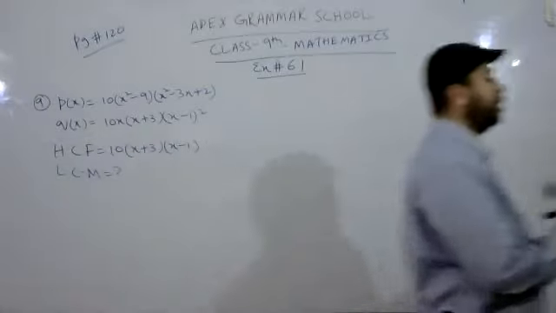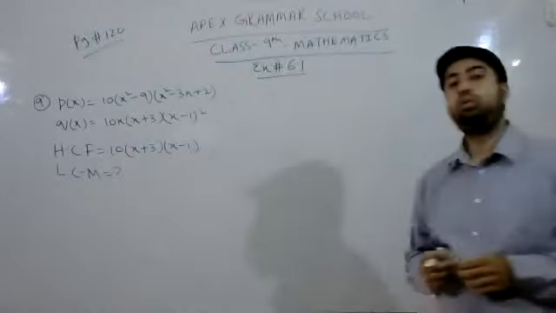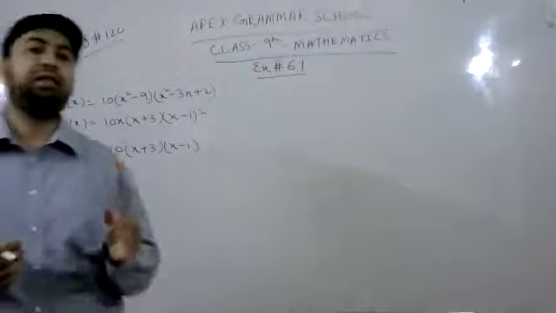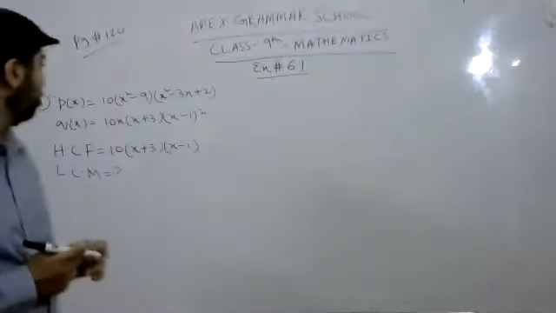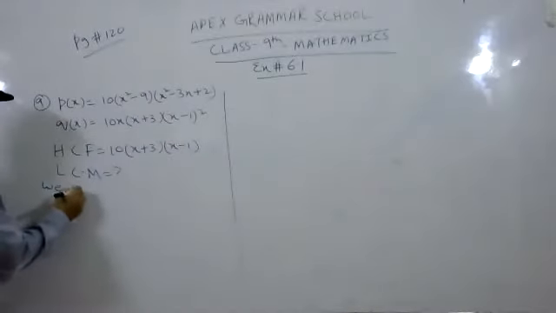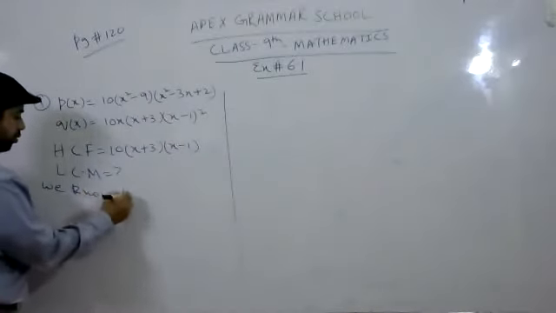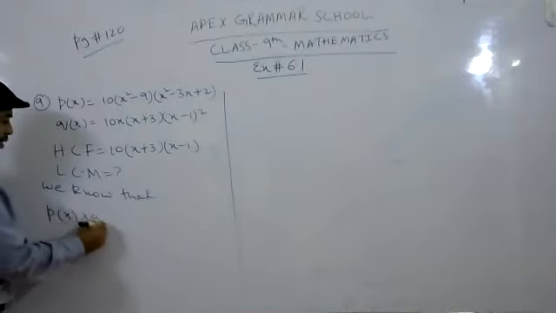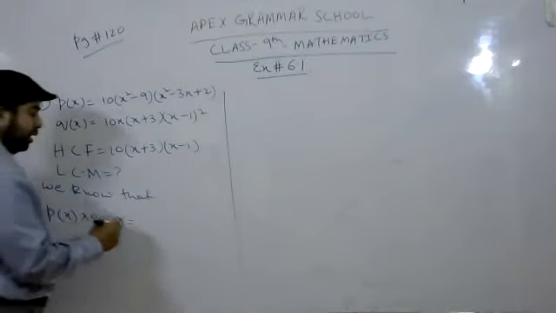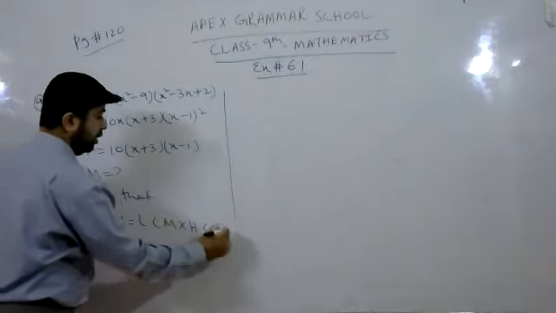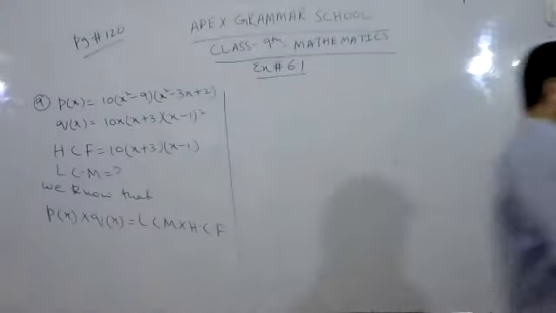So how can we find this? We can again use that formula, p of x multiplied by q of x is equal to LCM multiplied by HCF.